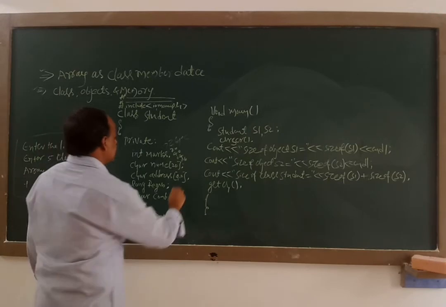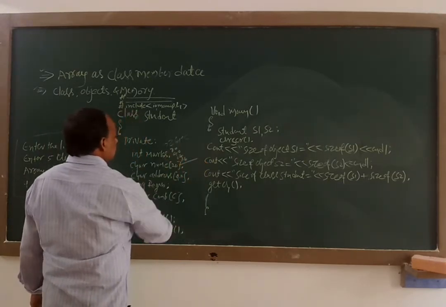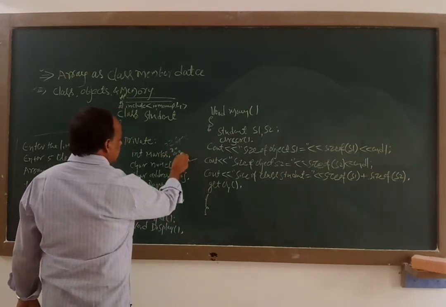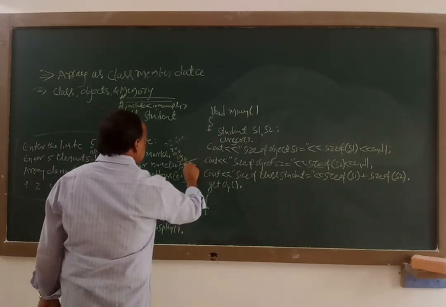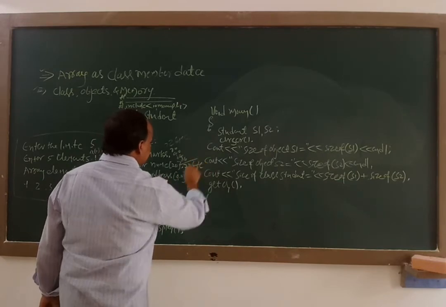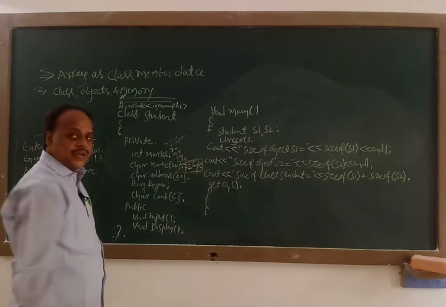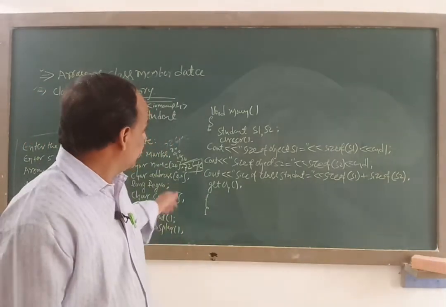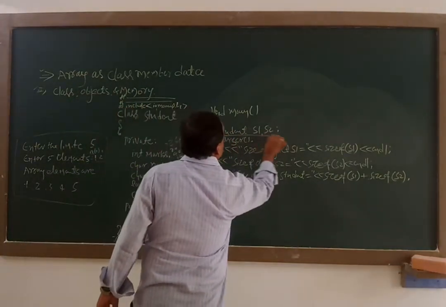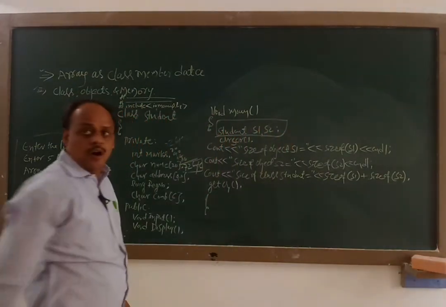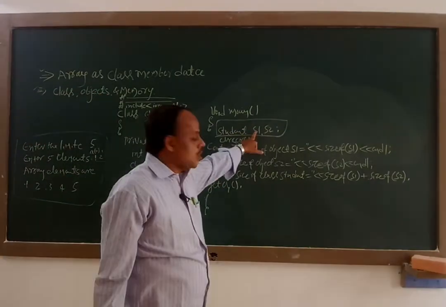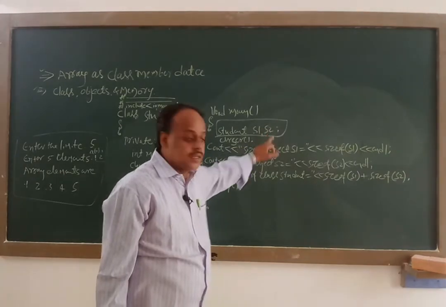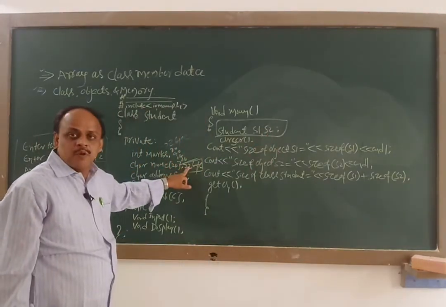So how much is it? 40 plus 20 is 60, 60 plus 10 is 70, total 72 bytes. 72 bytes of memory are allocated whenever you declare objects. For each object, that is S1 as well as S2, 72 bytes of memory are allocated.